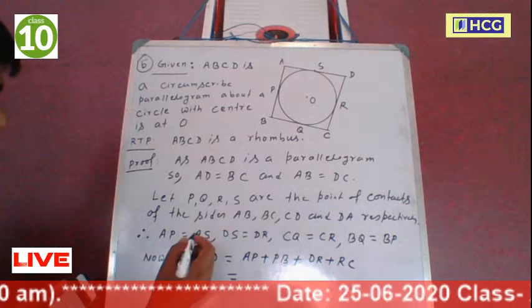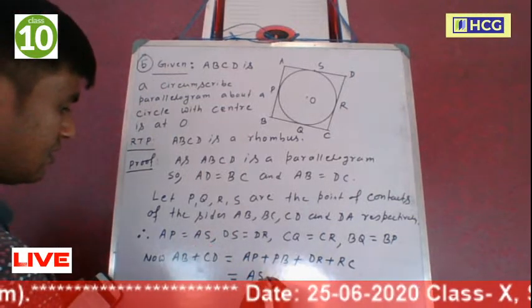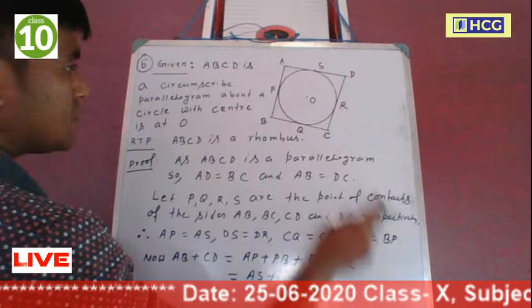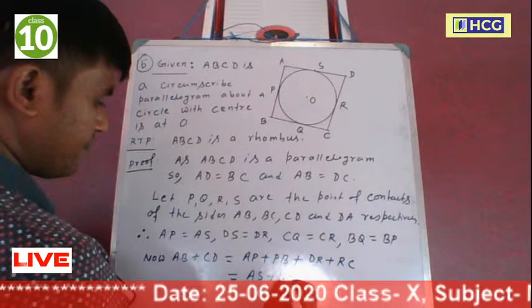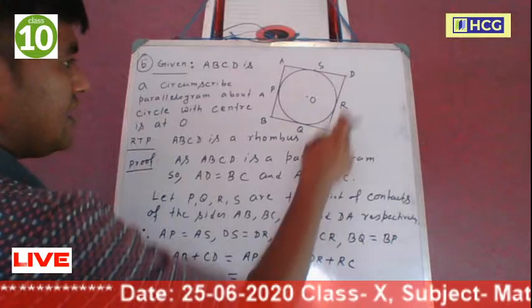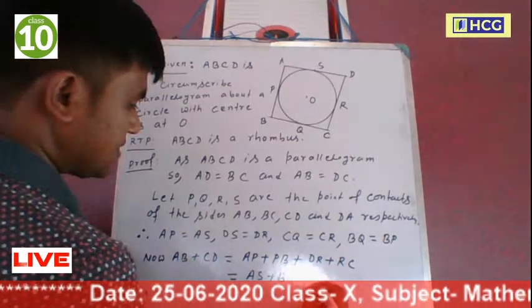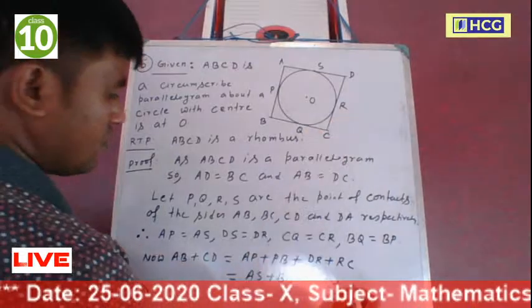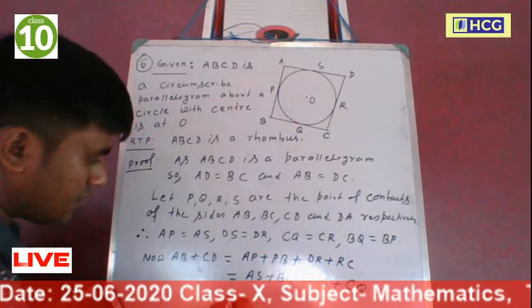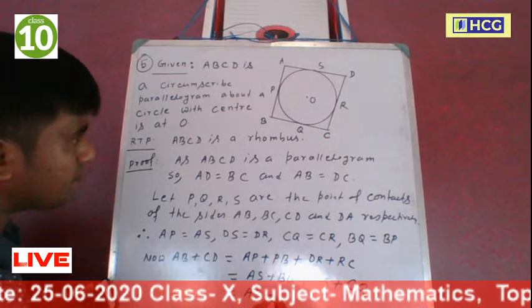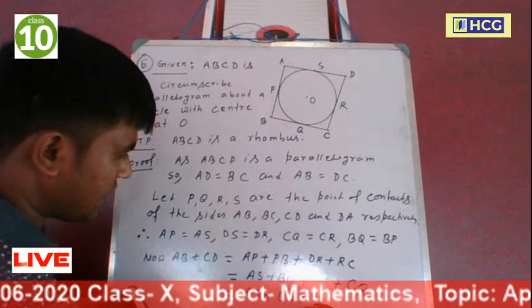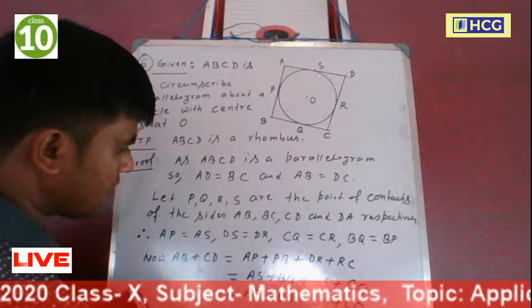Now AP equals AS, PB equals BQ, DR equals DS, RC equals CQ. Now AS plus DS, BQ plus CQ.